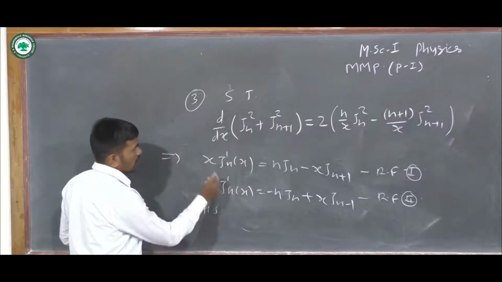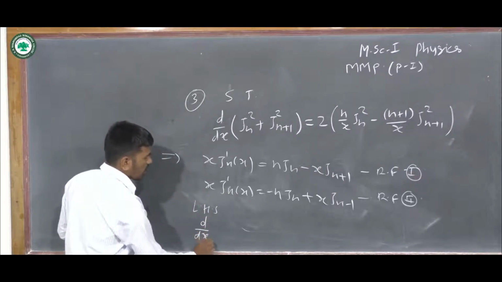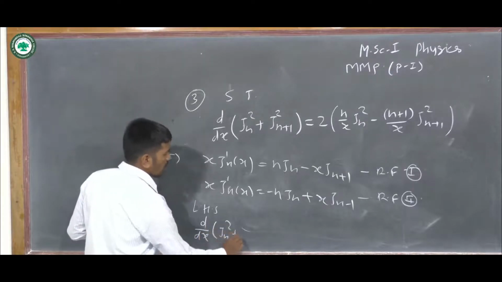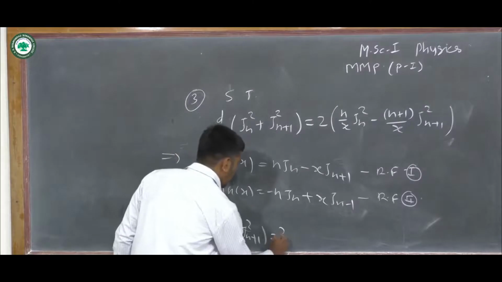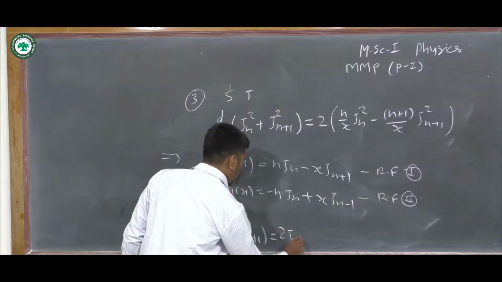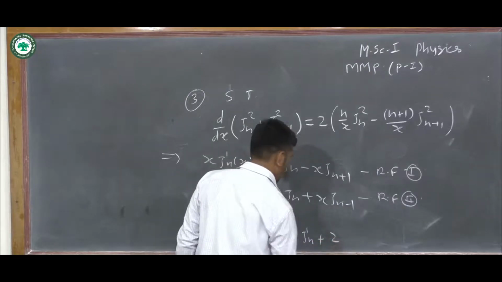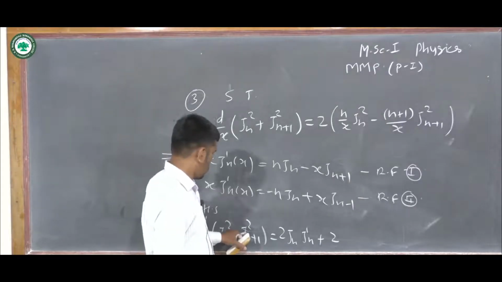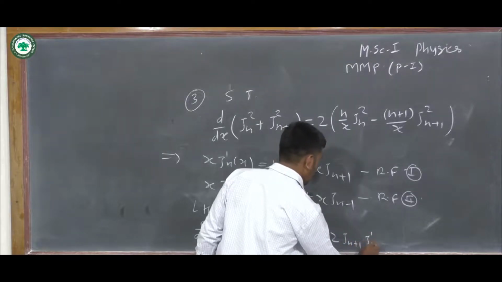From the left hand side of the given problem, we have d by dx of Jn square plus Jn plus 1 square. If I differentiate this, it is 2 Jn into J prime n plus 2 Jn plus 1 into J prime n plus 1.